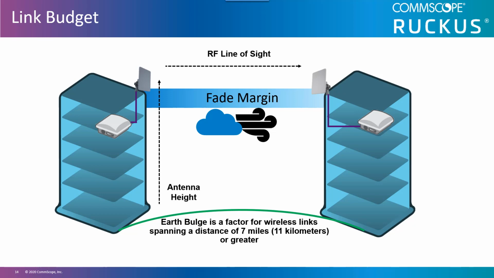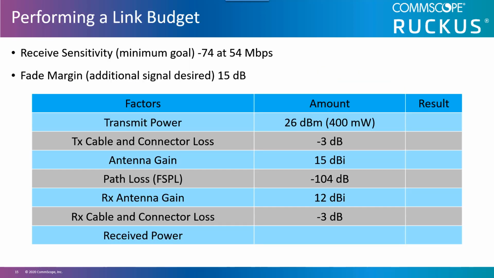Once the link is installed in the environment, you can determine the actual margin for the link, called the system operating margin. The fade margin is the planned margin for the link, while the system operating margin is the actual margin.